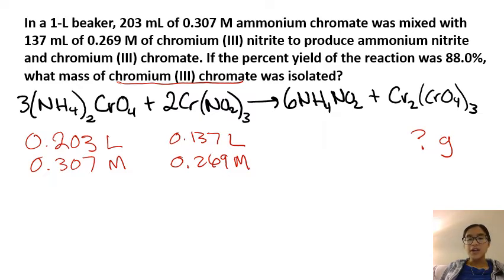So for limiting reagent problems, my strategy is just go with what they're giving you and calculate the mass that you'll get from each of the 2 different starting materials. And whichever one is smaller, that is your true amount of product that you're forming. So let's do that on the next page.